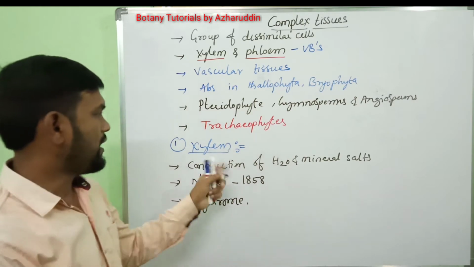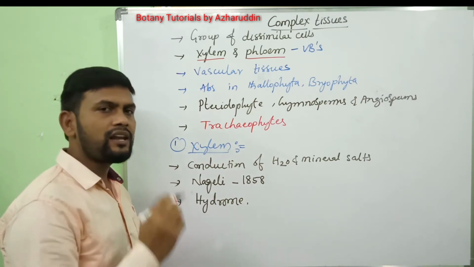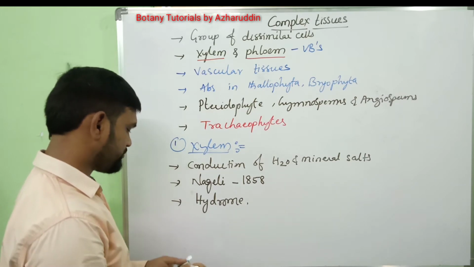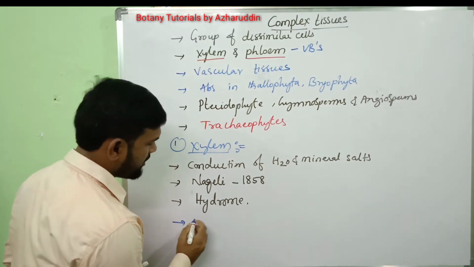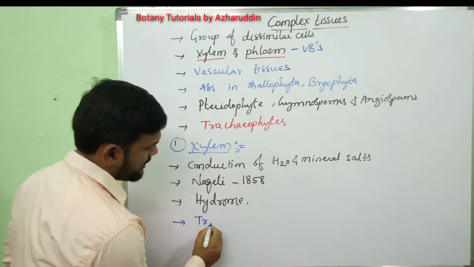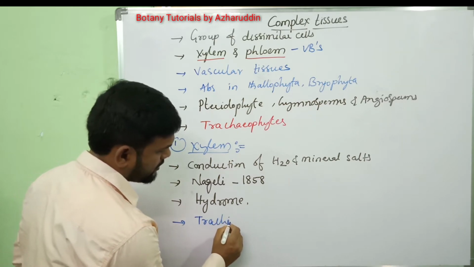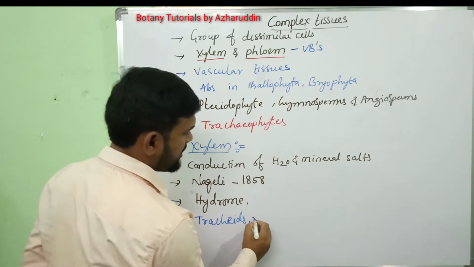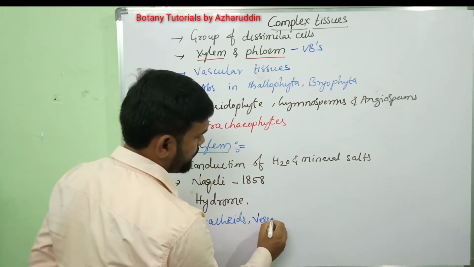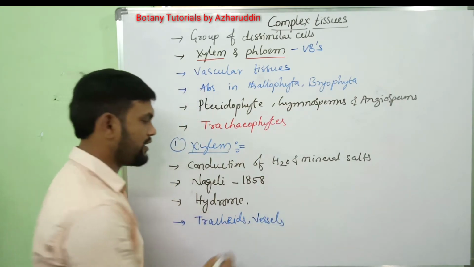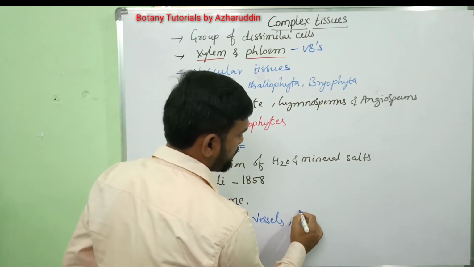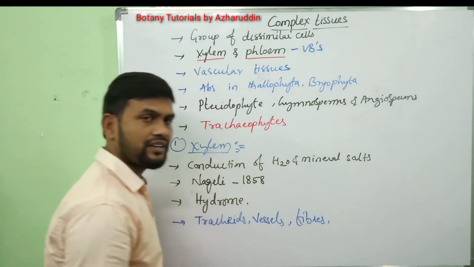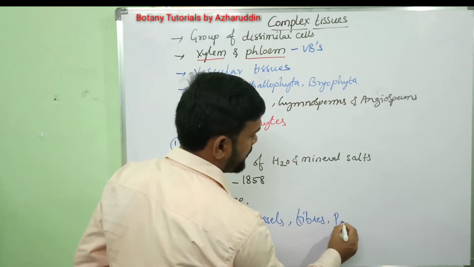Xylem comprises mainly four types of elements. Number one is xylem tracheids, the second element is xylem vessels, the third element is xylem fibers, and the fourth element is xylem parenchyma.